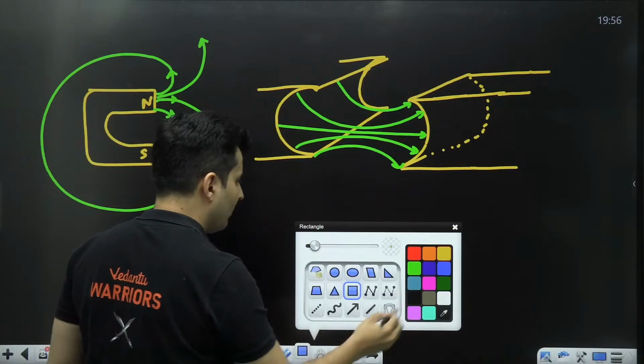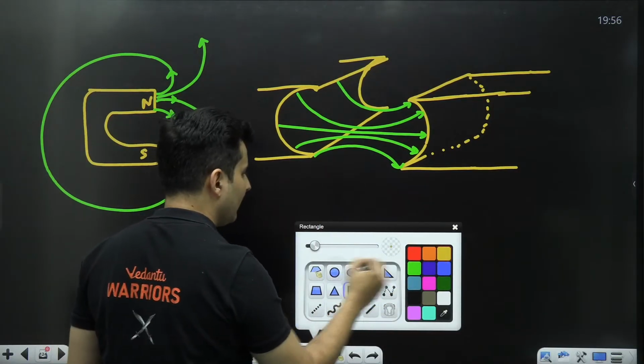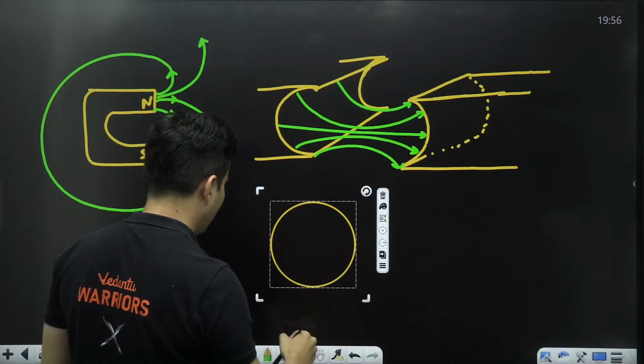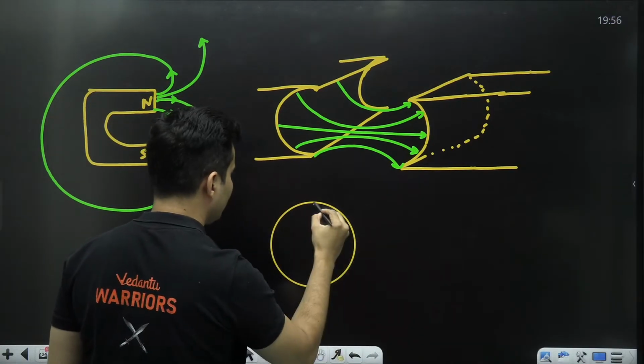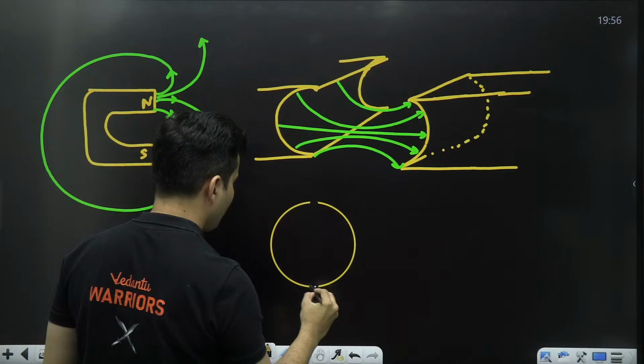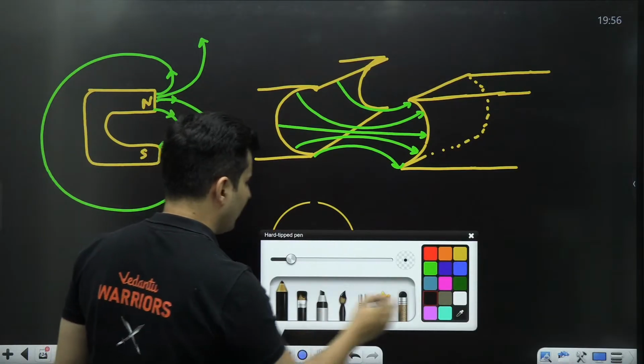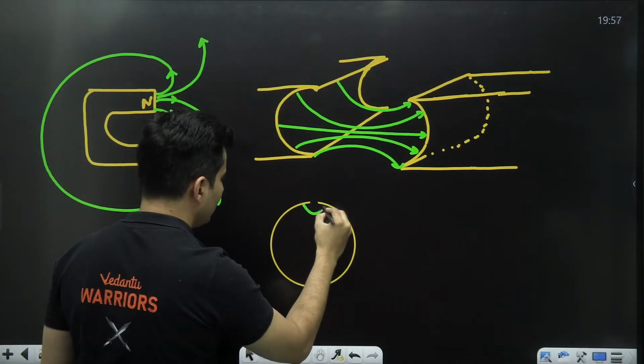Mainly, what happens is, if I look at it from the side angle, very important, I will see the magnetic field lines doing this.